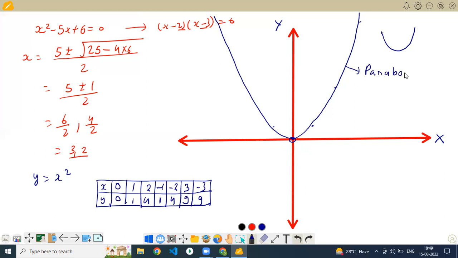Parabola. So the graph of a quadratic equation is always a parabola. So if I say x square is equal to 0, now this is a quadratic equation.